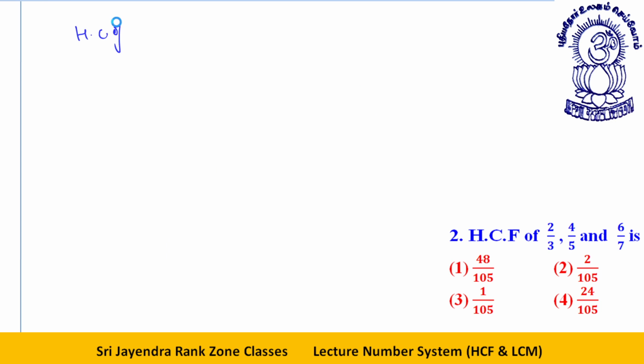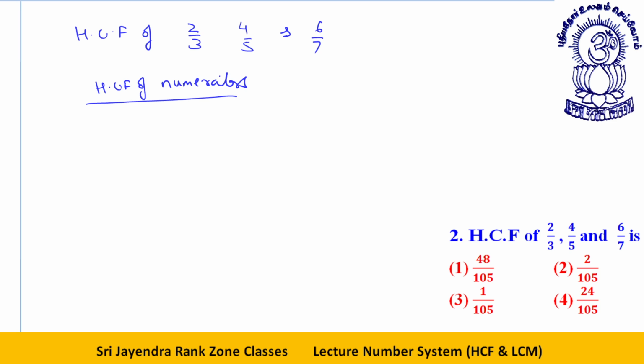We need the HCF of 2 by 3, 4 by 5 and 6 by 7. Now how will we do it? We will be finding the HCF of numerators and the LCM of denominators.